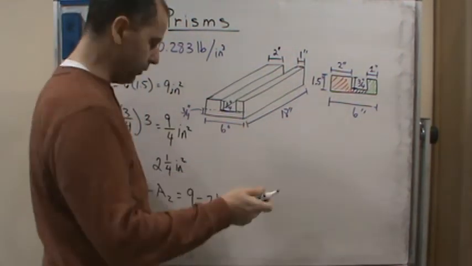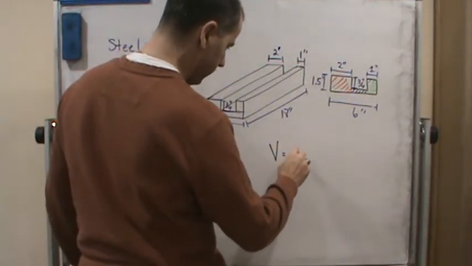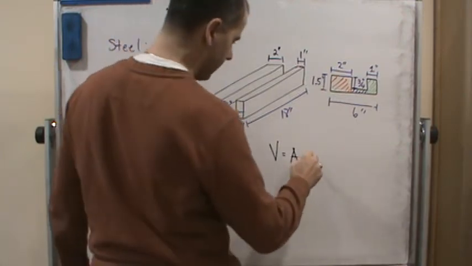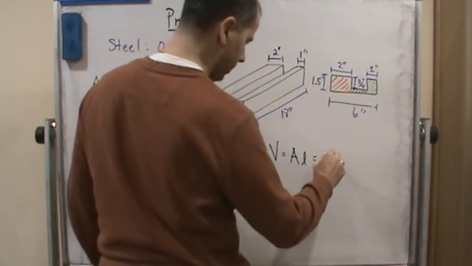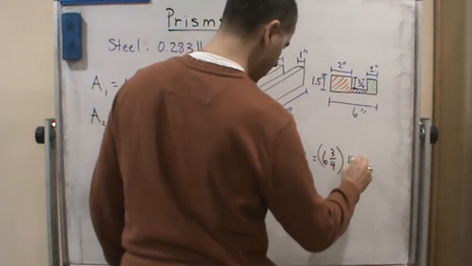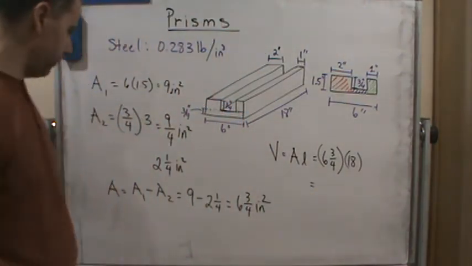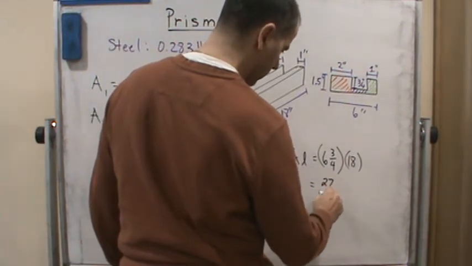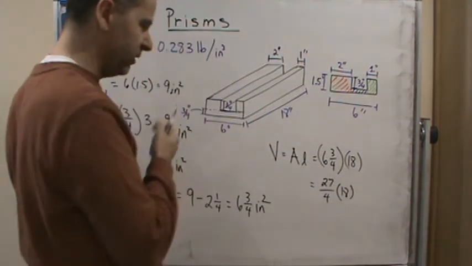Then that'll give me the volume of the bar. So the volume is going to be the area times the length or the height. Okay, in this case it'll just be length, which is going to be 6 3/4 times 18, or in other words, we could write this as 27/4 times 18, right?